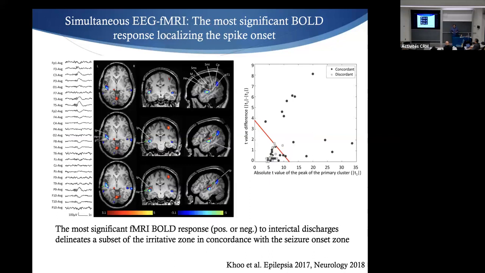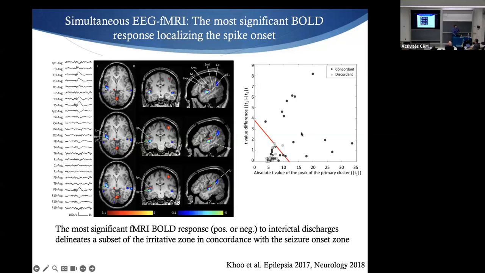What has been shown by several studies is that if you look at all these hemodynamic clusters, showing a change of blood flow 5 seconds after the epileptic discharge, then the one that is the most significant, so the best SNR if you want, is probably the most interesting statistically and clinically.